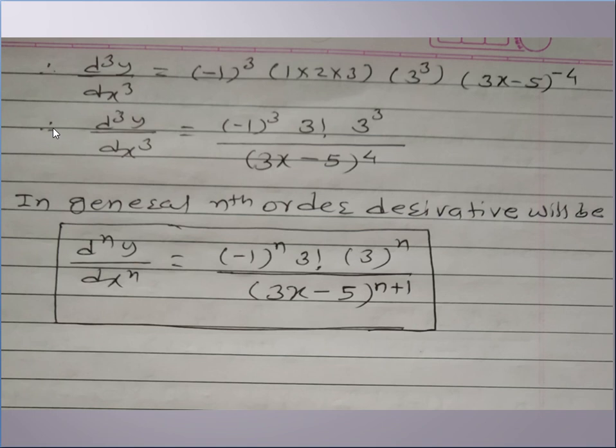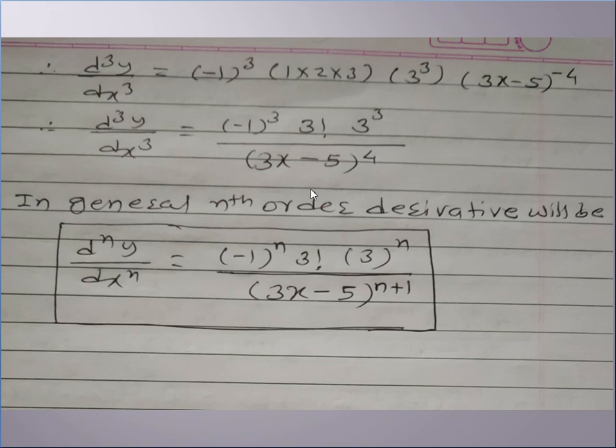Therefore, d cube y upon dx cube is equal to minus 1 raised to 3 into 1 into 2 into 3, which means 3 factorial, into 3 raised to 3 as it is, upon 3x minus 5 bracket raised to 4. That is, we can write here 3x minus 5 bracket raised to minus 4 is equal to 1 upon 3x minus 5 bracket raised to plus 4.